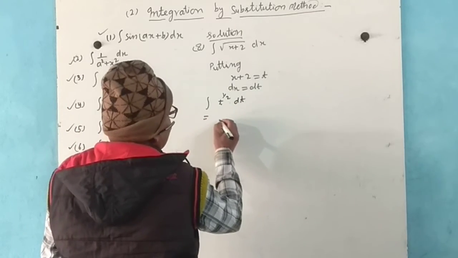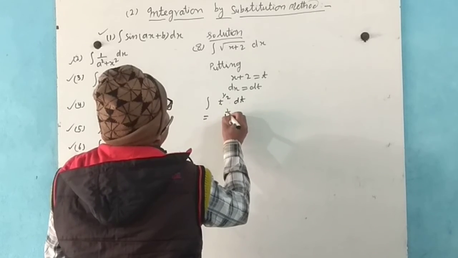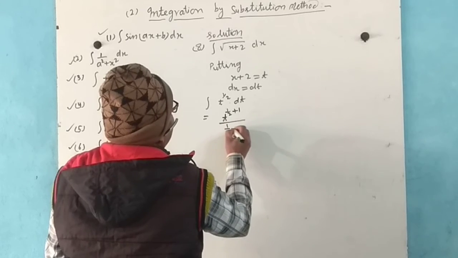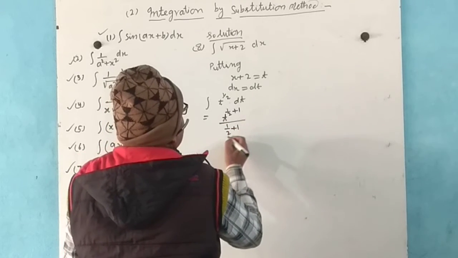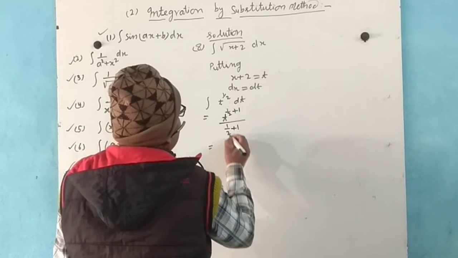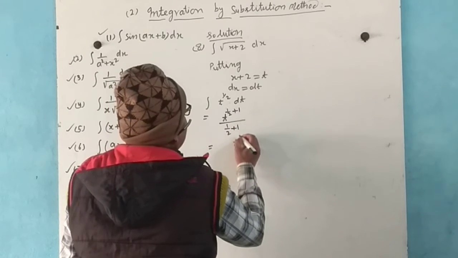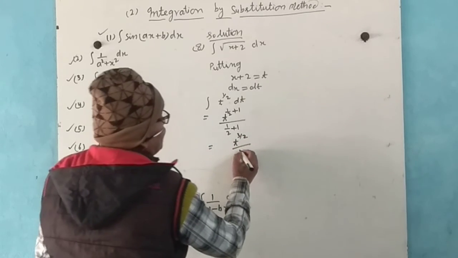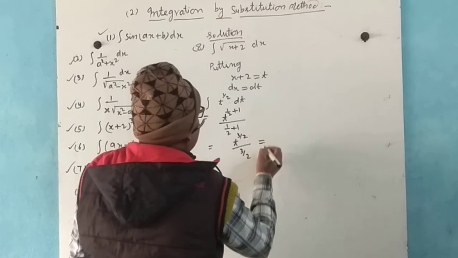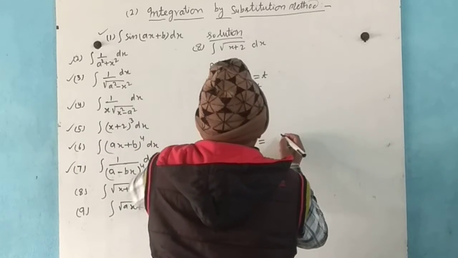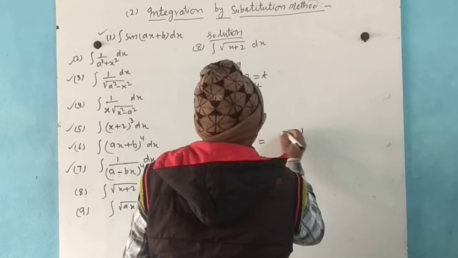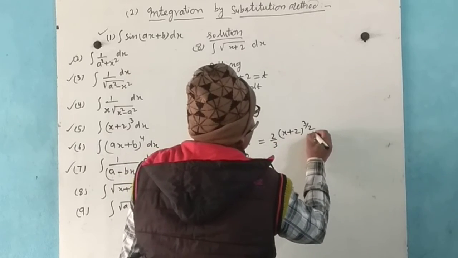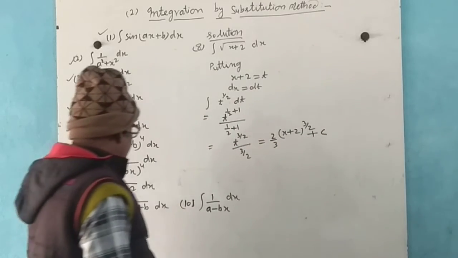Integration of this is equal to t to the power 1 by 2 plus 1 divided by 1 by 2 plus 1, and this is equal to t to the power 3 by 2 divided by 3 by 2, so that t equal to x plus 2, x plus 2 to the power 3 by 2, and this is equal to 2 by 3 plus integrating constant c here.